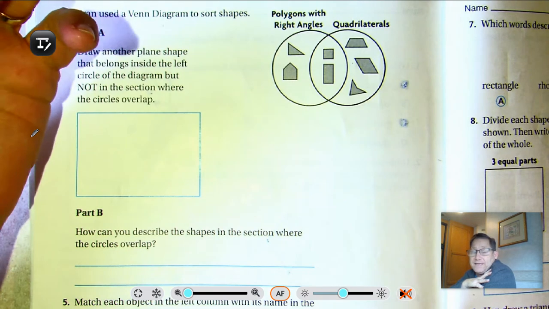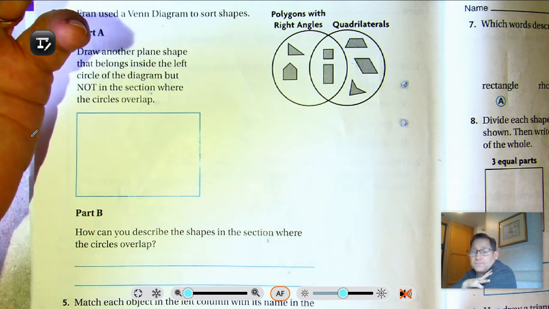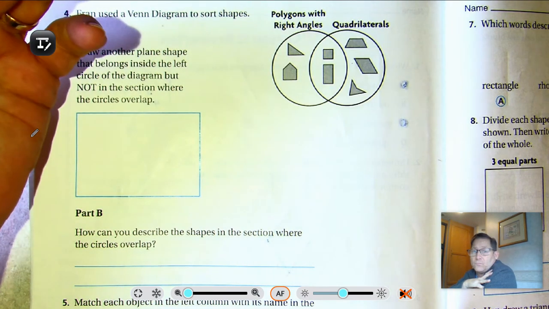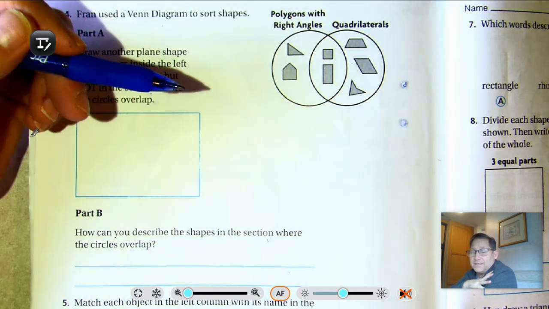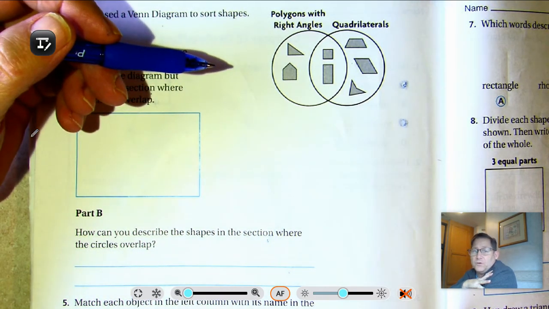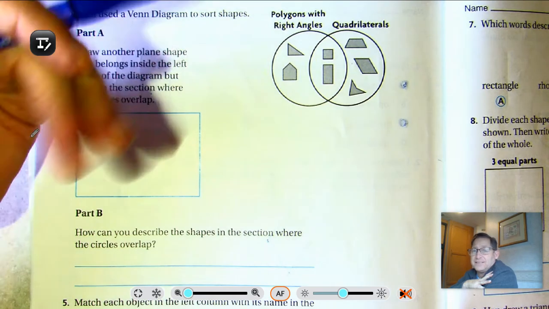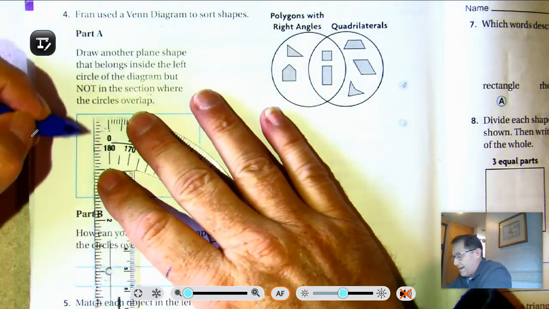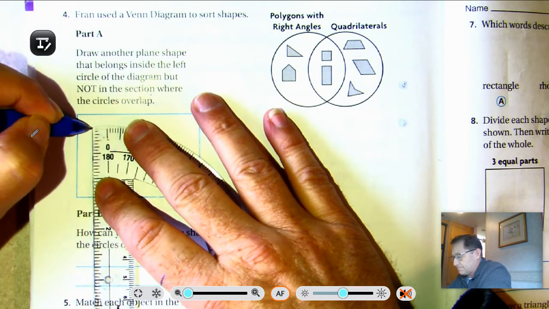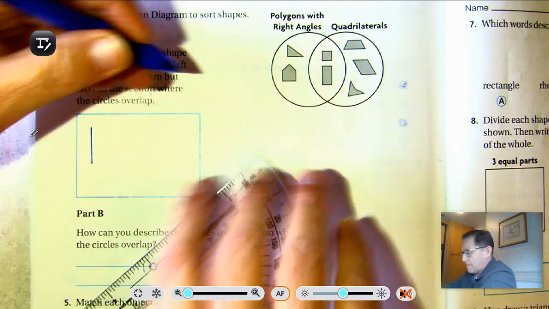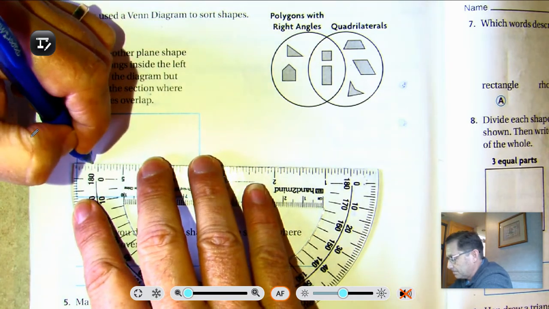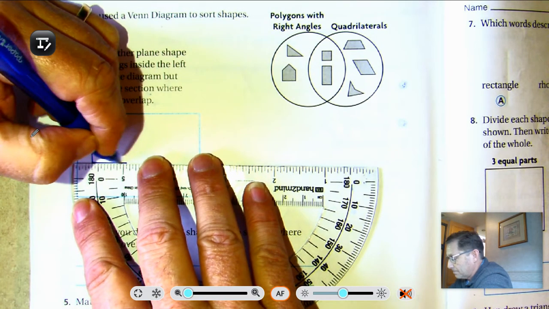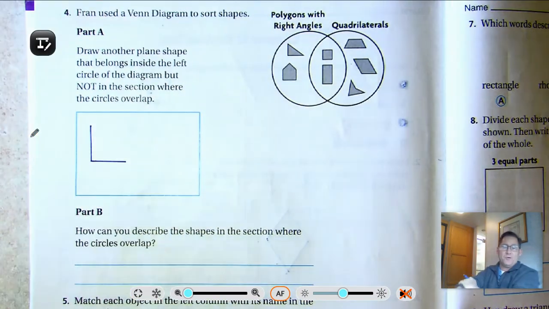Okay, so anything with a right angle with it not having 4 sides. So 3 sides, 5 sides, 6 sides, 7 sides, 8 sides. So I'm going to start by drawing the right angle. Okay, so there's the right angle part.